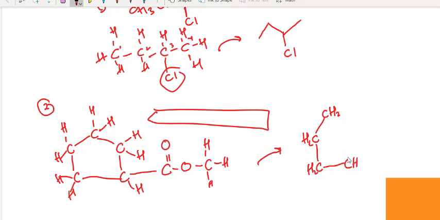Okay, connected to CH2 connected to CH2. And this carbon with one hydrogen is connected to carbon with C double bond O, CH3. Okay, so if you do not want to show C double bond O, you can also write COOCH3. That one is also correct.